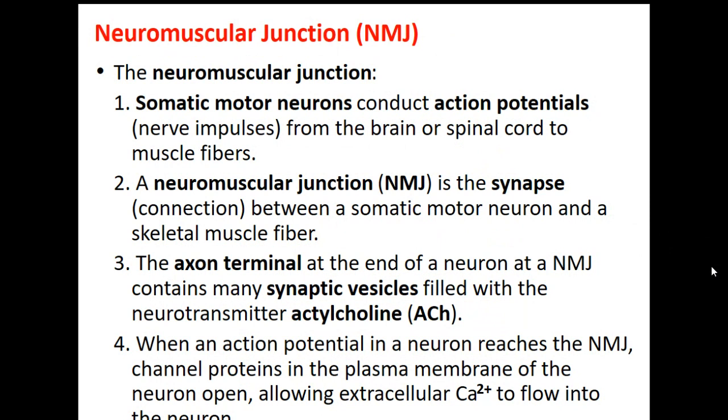If I decide I want to contract this muscle, there are neurons going from my brain to that muscle, where a neuron meets the muscle fiber that I want to contract. That's a neuromuscular junction. The neurons that carry voluntary information from your brain to a muscle are called somatic motor neurons.